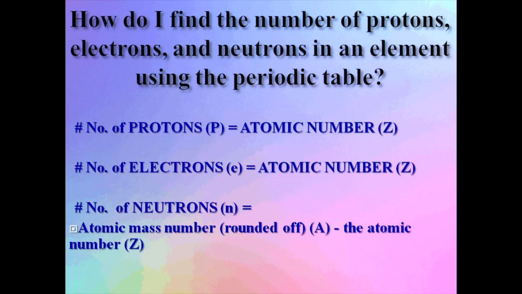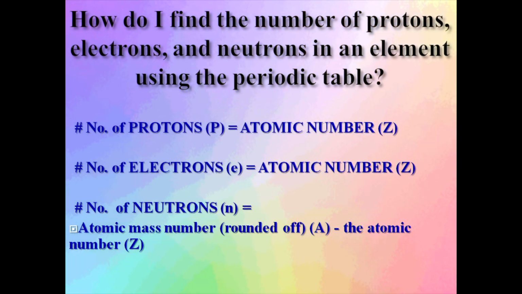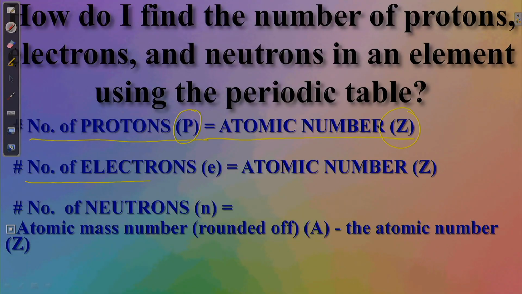As you can see on your screen, the number of protons is abbreviated as capital P, which is basically equal to the atomic number, abbreviated as capital Z. The number of electrons, abbreviated as small e, is equal to the atomic number, abbreviated as capital Z. The number of neutrons, small n, is basically equal to the atomic mass number, rounded off, whose abbreviation is capital A, minus atomic number, capital Z.